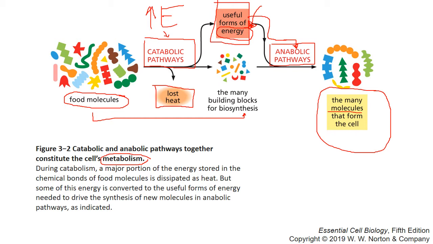And if you want to complete an anabolic pathway and you want to build, you want to go from small to large, this is going to require effort on the body's end. So that means that you're going to require the energy into the system. So as you can see, one provides the energy for the other one to use. Collectively, this entire flow of energy is then umbrellaed under the term metabolism.